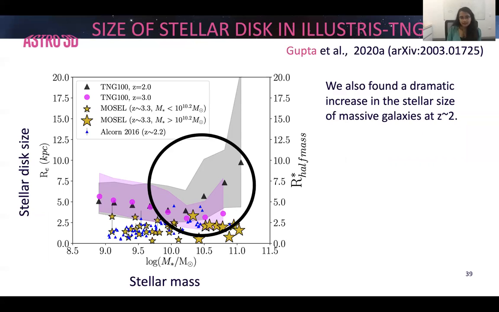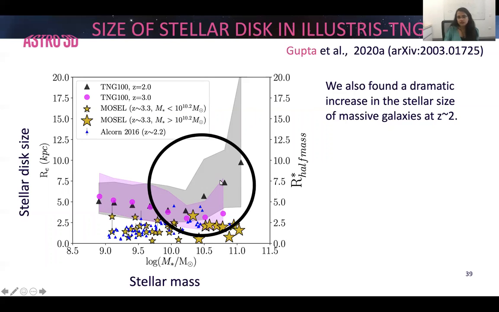You can see a dramatic increase in the stellar sizes of galaxies as we go from redshift 3 to 2. At the low mass end, stellar sizes between redshift 3 and 2 are pretty much the same. But at the massive end, we see a significant increase in both the scatter and the mean.